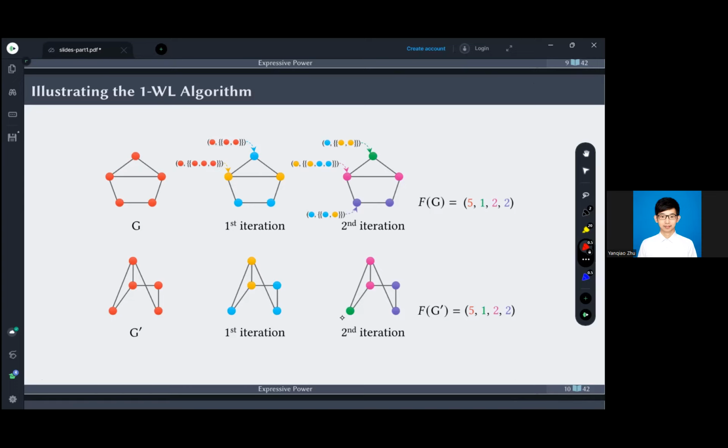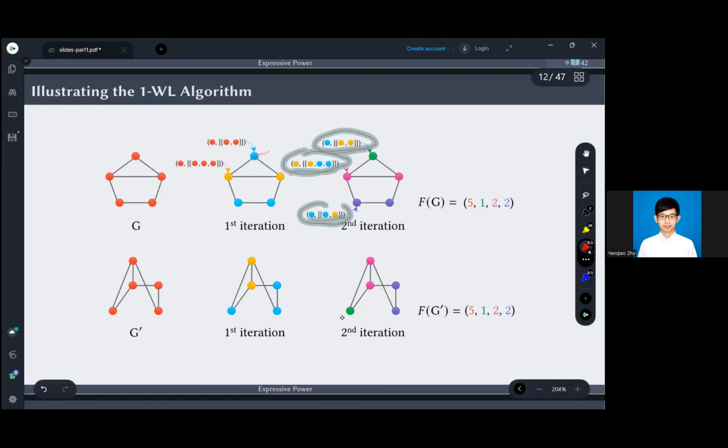For example, for the top blue node, we have two yellow neighbors. For this yellow node, we have one yellow neighbor and two blue neighbors. And for the blue node in the left corner, we have one yellow neighbor and one blue neighbor. For all of those three intermediate colors, we give them new colors.